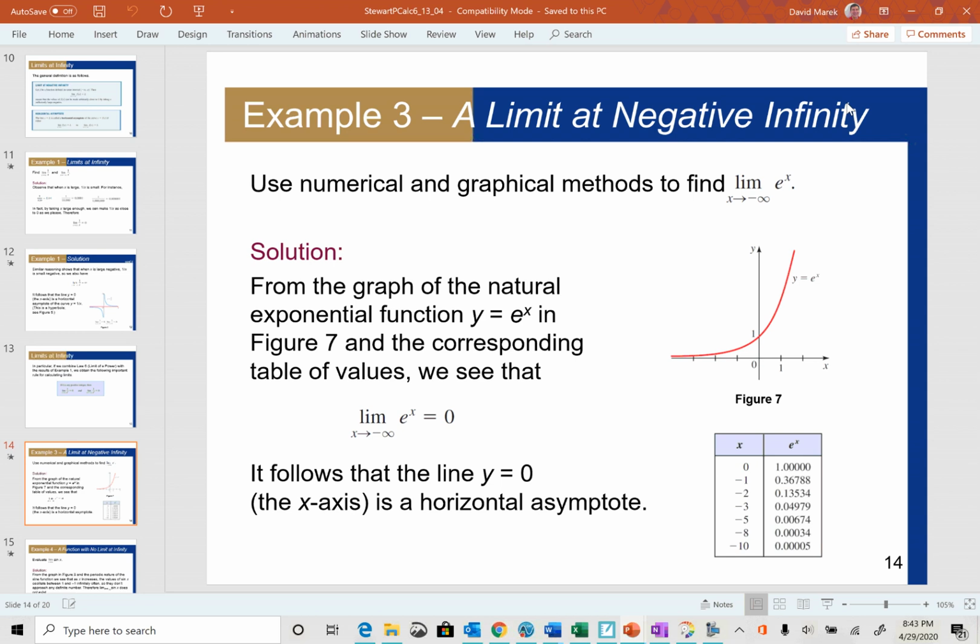All right. Use numerical and graphical methods to find the limit as x approaches negative infinity of e to the x.